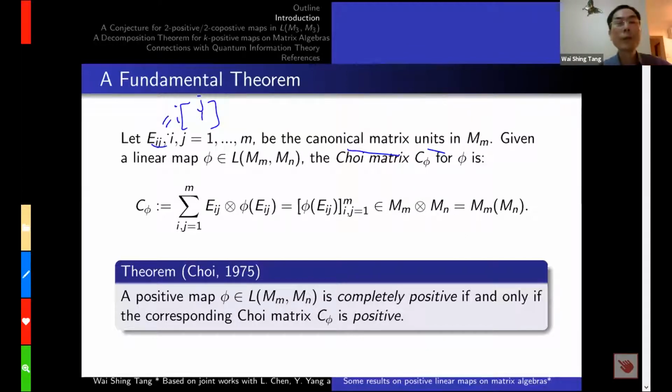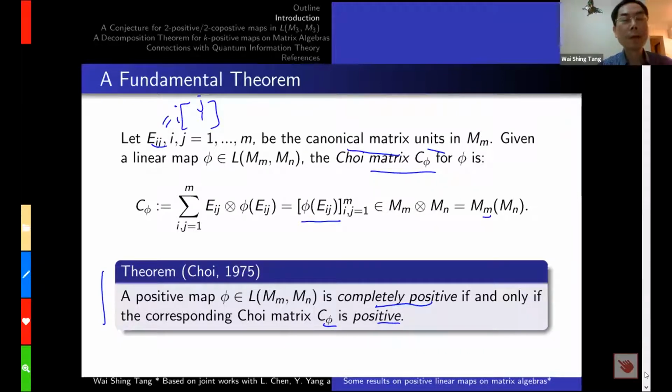Then we form the so-called Choi matrix. Basically, in the blockwise approach, it is just an m by n block matrix whose ij entry is phi of Eij. Then Choi proved the result that a map is completely positive if and only if the corresponding Choi matrix is positive. So it is a very simple characterization of completely positive maps on matrix algebras.